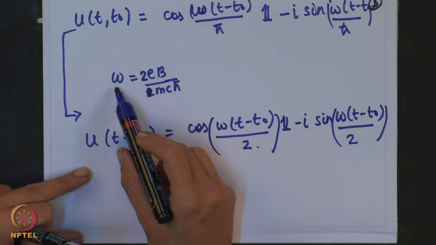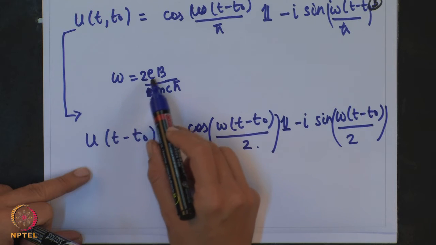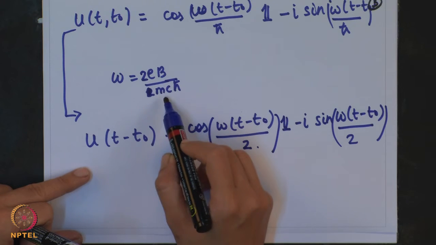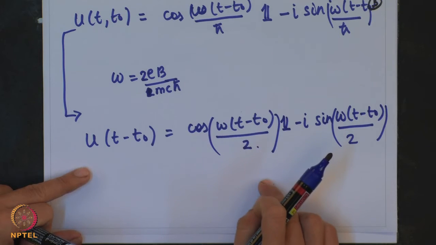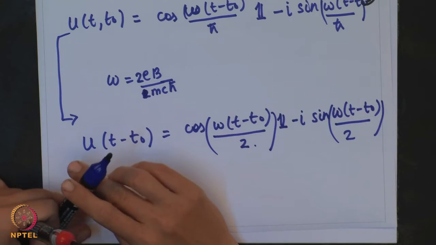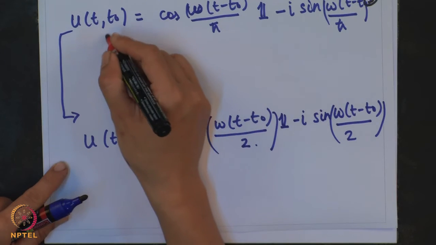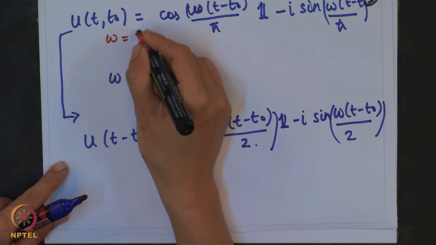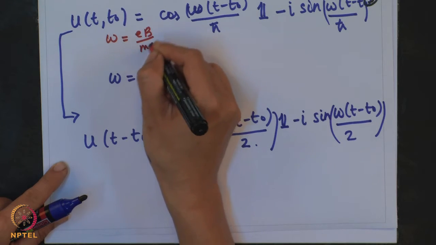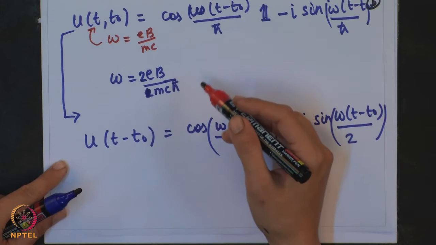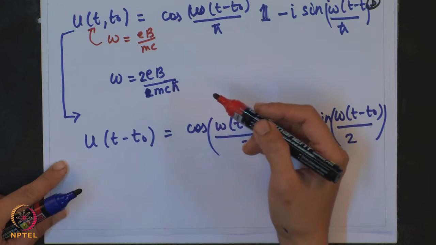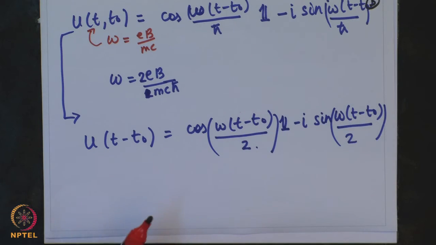So, if we start writing omega as eB upon 2mc h cross, then we obtain this result. However, we had started by writing omega as eB upon mc, so you obtain this result. It is just the way you define omega, we will get the same result.